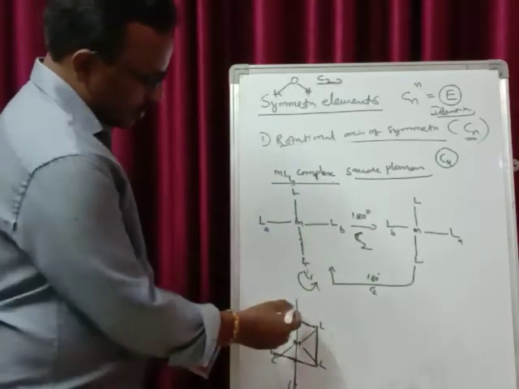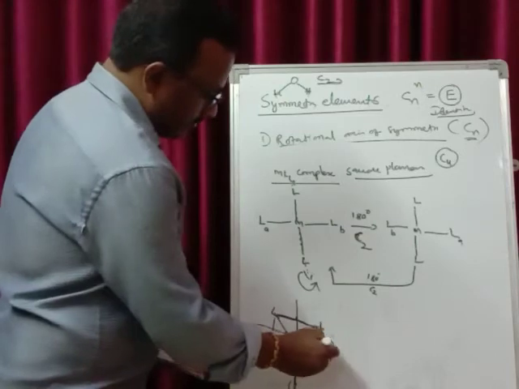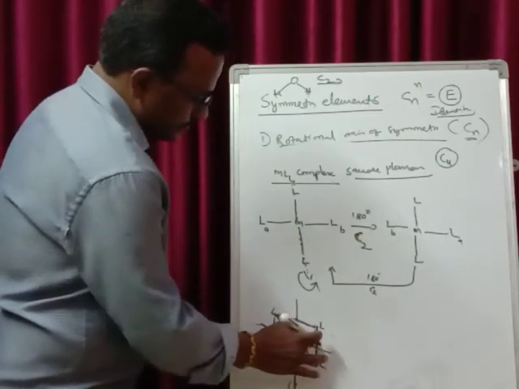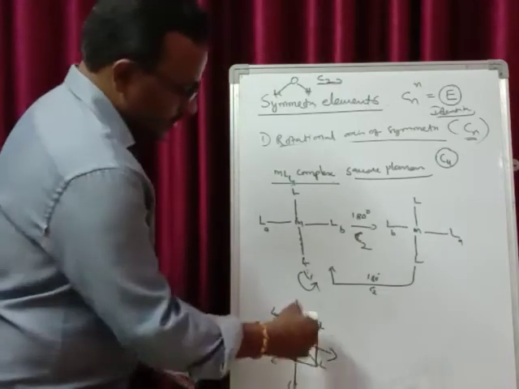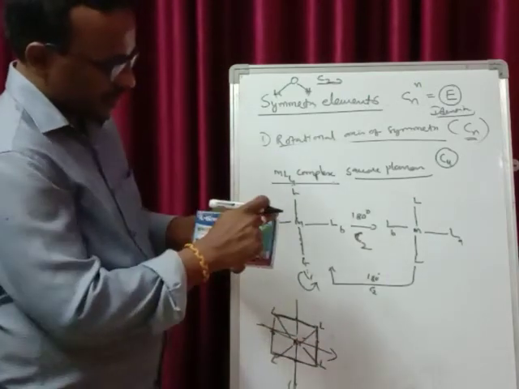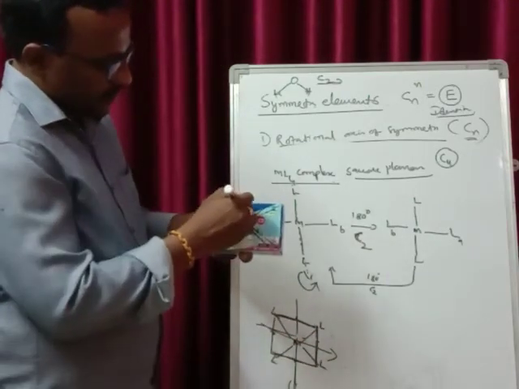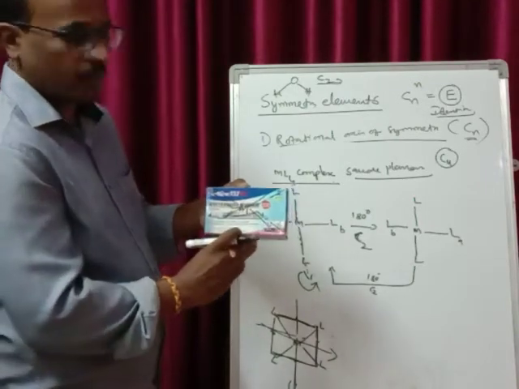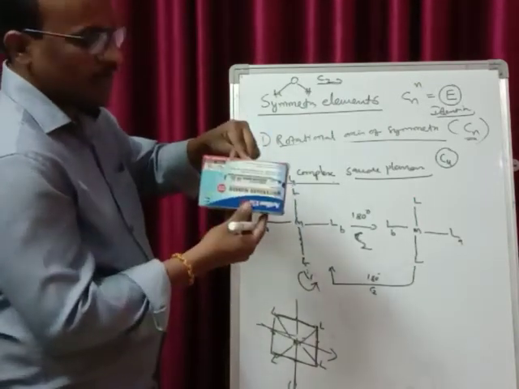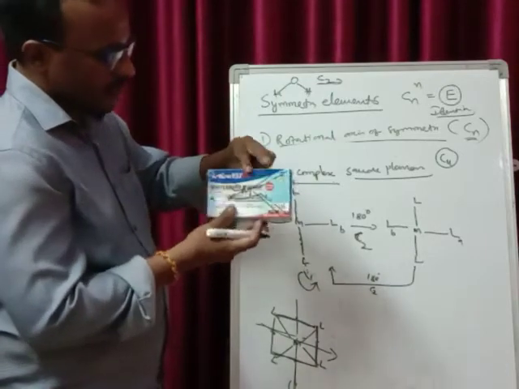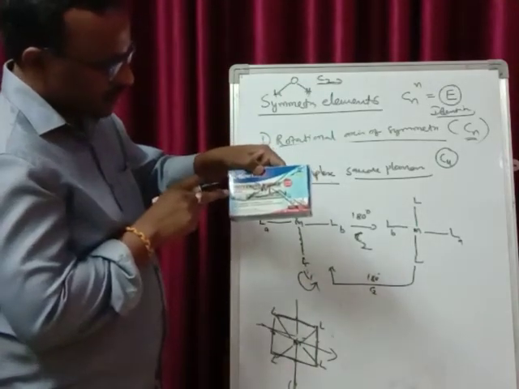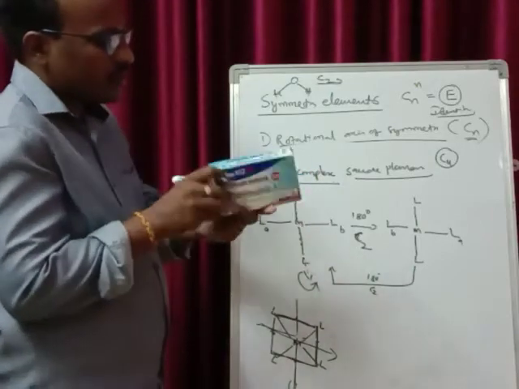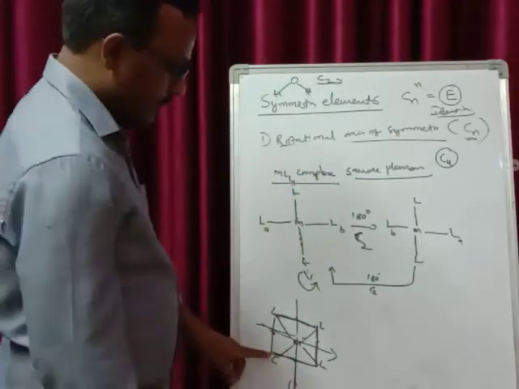Now the other two C2s: one C2 passing from the center of the edge, through the metal, to the center of the opposite edge. This is the edge. This is the edge. From this center touching the metal and going to the opposite edge, on rotation it will give you an equivalent structure. Similarly, the second C2: center of this edge, metal, and the center of the opposite edge. Rotation by 180 degrees will give you an equivalent structure.